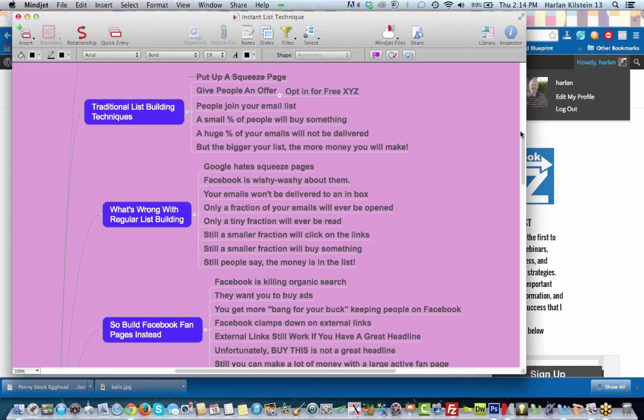Well, many of you on the call remember when Google cracked down on two things: squeeze pages and long sales letters. Squeeze pages went out in what was called the first Google slap, around 2006, when Google said, enough of these squeeze pages.